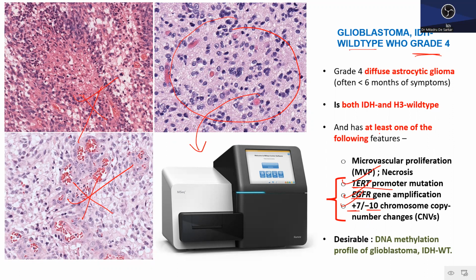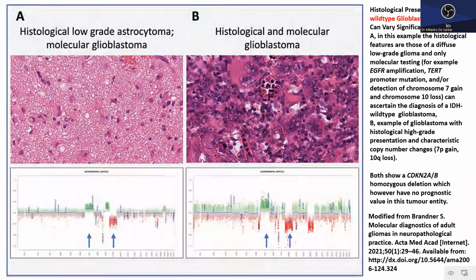And the most important thing is that these cases are IDH and H3 wild type. That is, they will not show you IDH mutations, and neither will they have histone gene mutations. So this is how your copy number variation profile will help, basically.